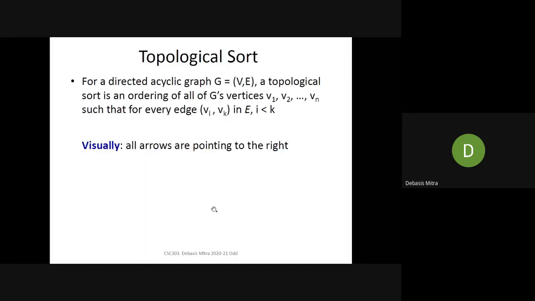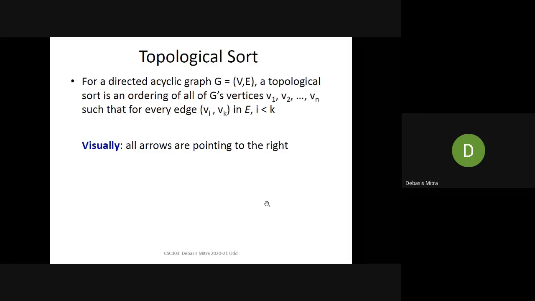And that is the whole idea of topological sort. So for a directed acyclic graph, a topological sort is an ordering of all of G's vertices such that for every edge (Vi, Vk) in the edge set, i should appear before k in the ordering, such that this dependency arrow is coming from left to right, or top to bottom in the graph. There is no back way you have to go.